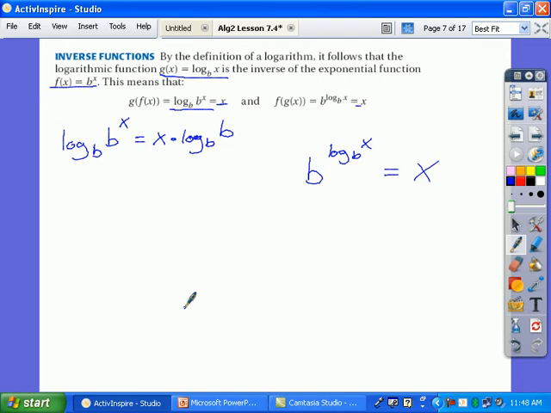let's talk about log base 4 of 4. So this is literally saying 4 to what power equals 4? Well, that, of course, is just 1. If we have log base 7 of 7, well, this is saying 7 to what power is 7?